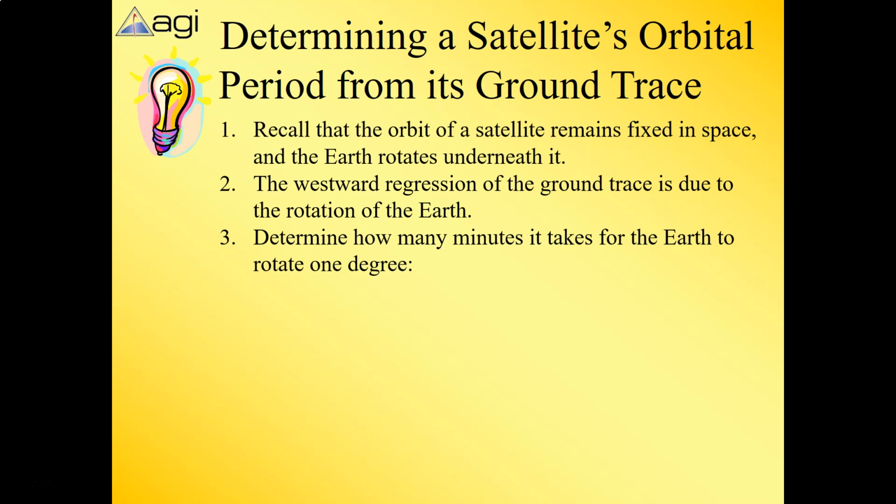So in step 3, we have 1,440 minutes divided by 360 degrees. Step 3 refers to 1,440 minutes, which represents 24 hours times 60 minutes. Okay, that's where we get that value from.